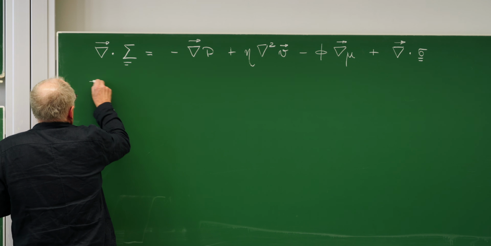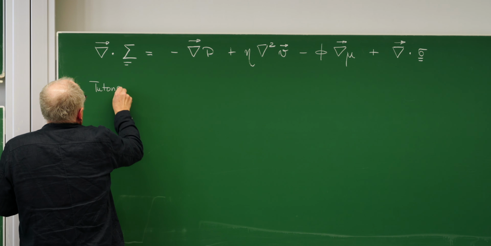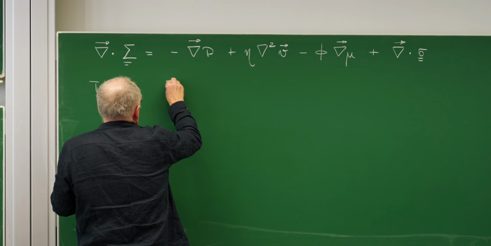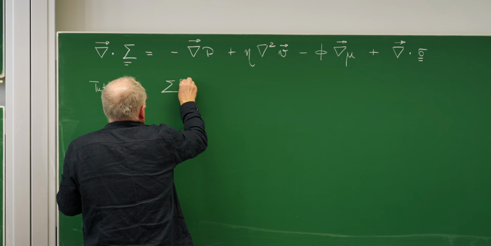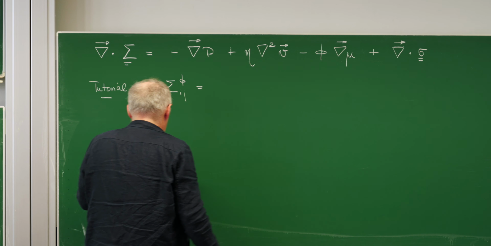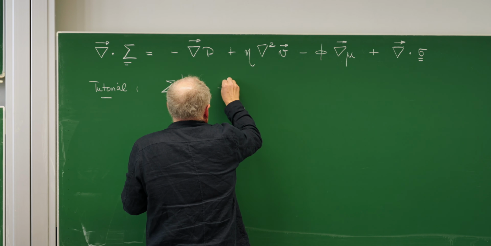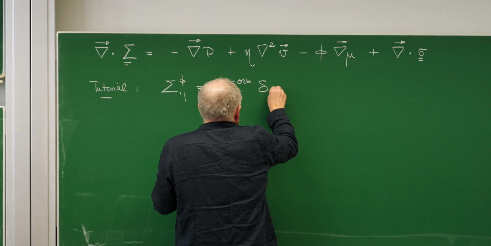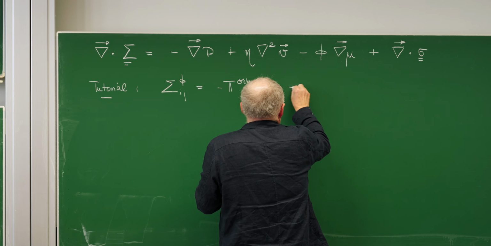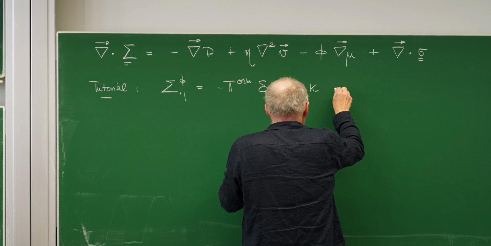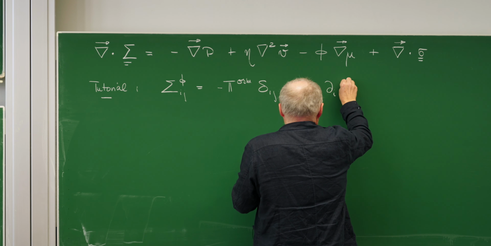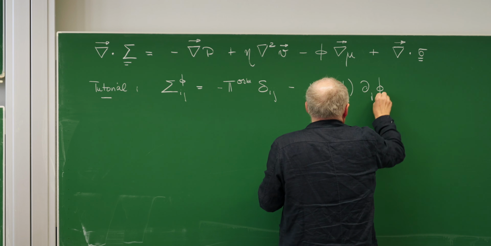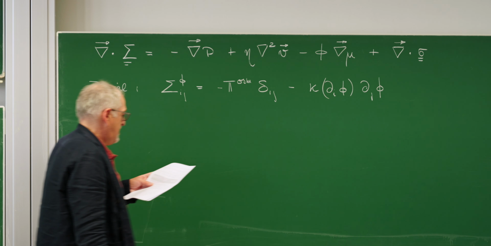As a tutorial or an exercise, I'll ask you to show this. So sigma_ij phi is given by the osmotic pressure times delta_ij minus kappa d_i phi d_j phi. Okay?